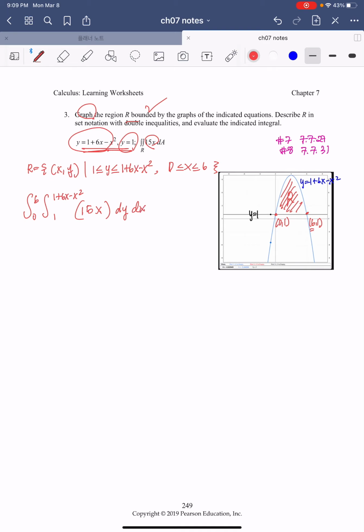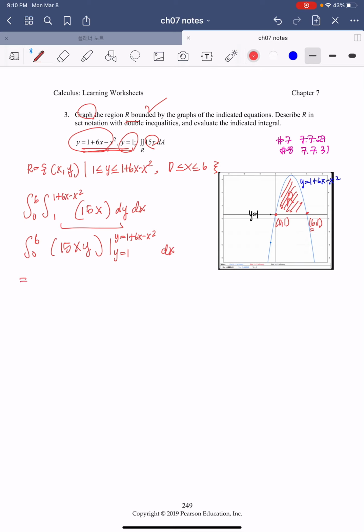With dy dx, that means x is a constant, so when you integrate, I gain a power. So I have 0 to 6. It looks like I'm going to have 15xy, right? Integrating from y equals 1 to y equals 1 plus 6x minus x squared, dx. Okay, let's keep going.